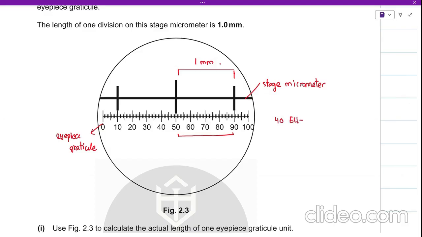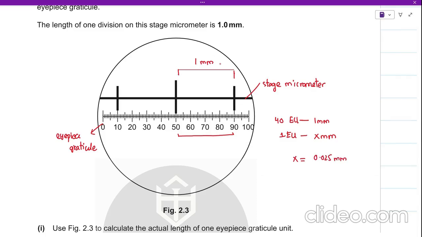I'll be using EU for short form. It is actually equal to 1 millimeter. So 1 EU will be equal to x millimeter. You can just cross multiply to get the answer. So it will be 1 divided by 40, so 0.025 millimeter.